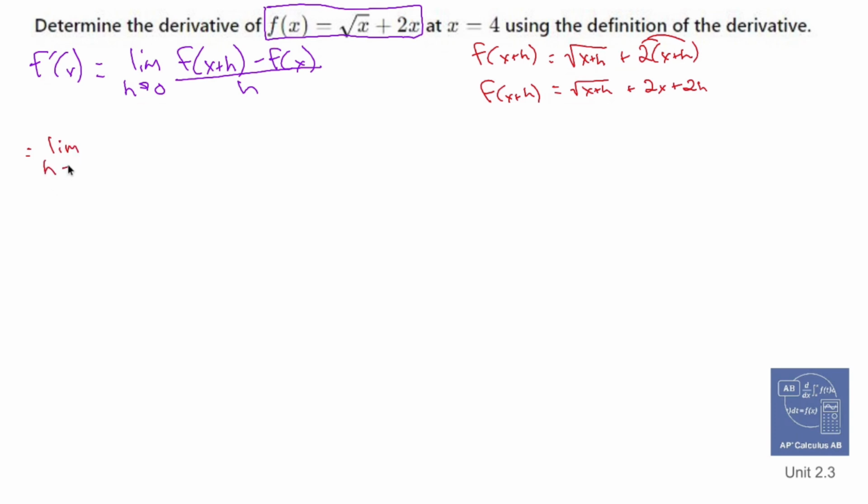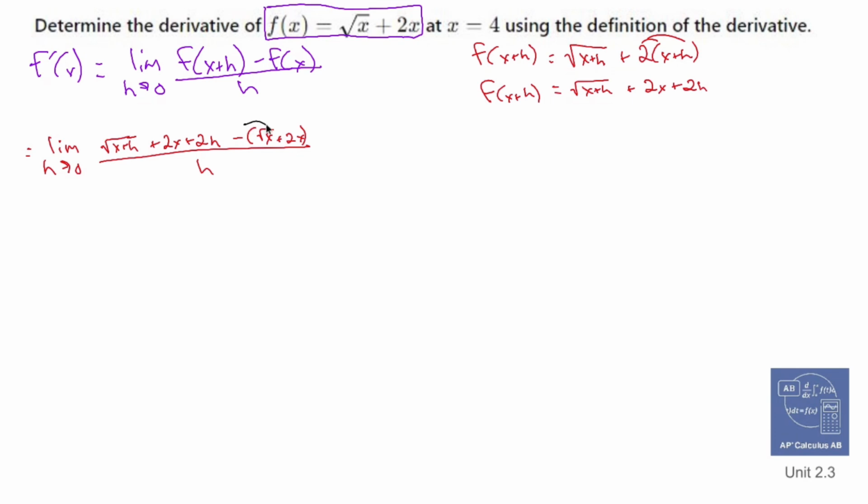as h approaches 0 of root x plus h plus 2x plus 2h minus parentheses root x plus 2x all over h. Now the issue is we don't want to plug in 0 for h because then we get something that's undefined. You can't do it yet. So we need to see if we can work some magic.